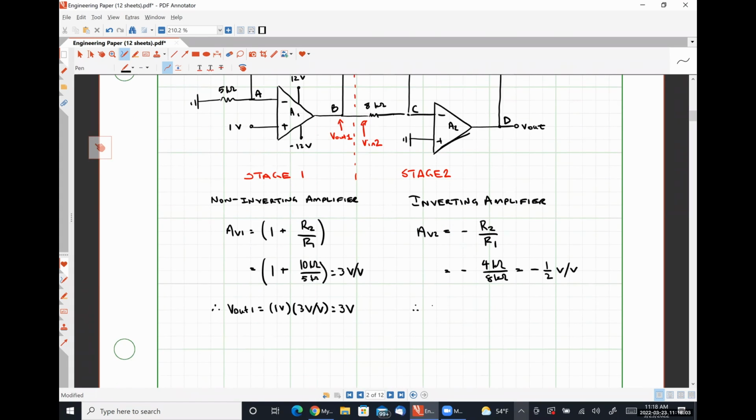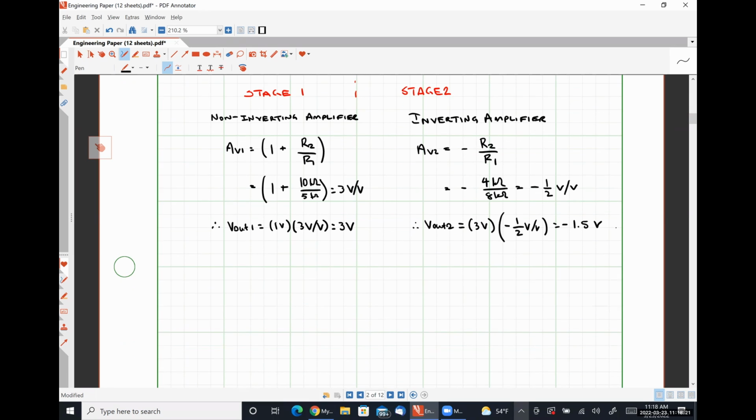And so Vout2 is Vin2, which was 3 volts, times our voltage gain of negative 1/2 volt per volt, which is negative 1.5 volts.